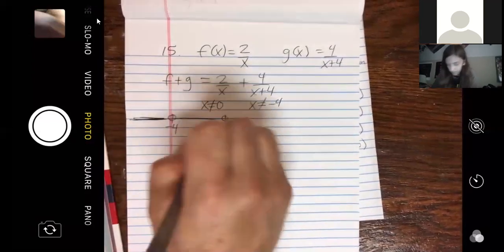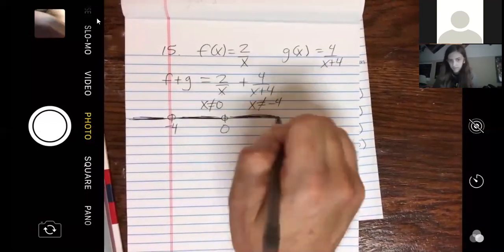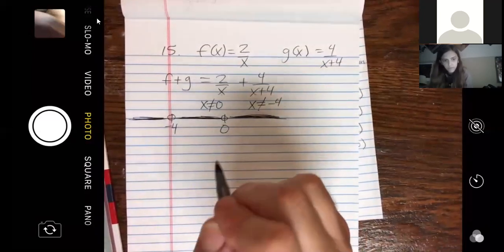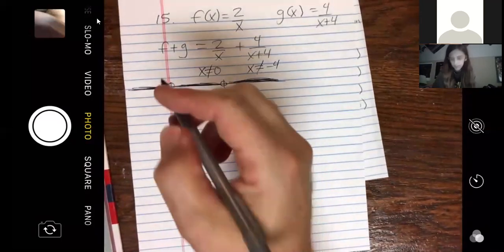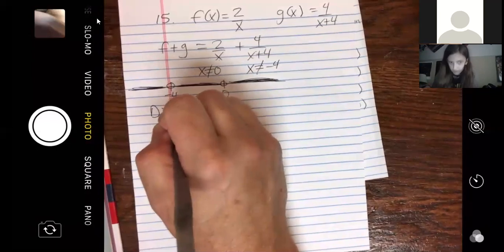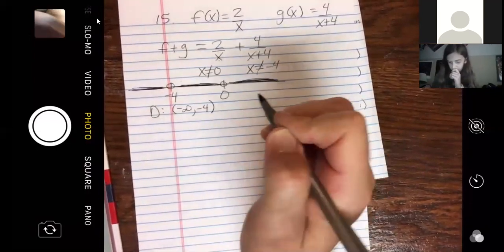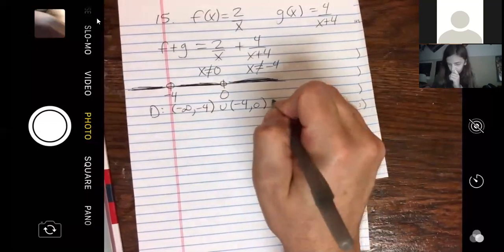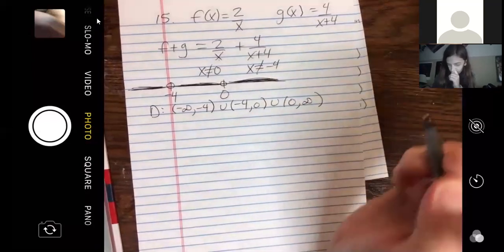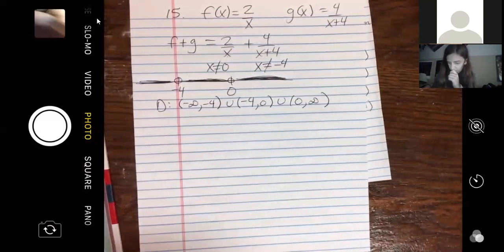But anything other than that is perfectly legal. Can you write out your intervals? Negative infinity to negative 4, negative 4 to 0, 0 to infinity. That makes sense. Questions about that?